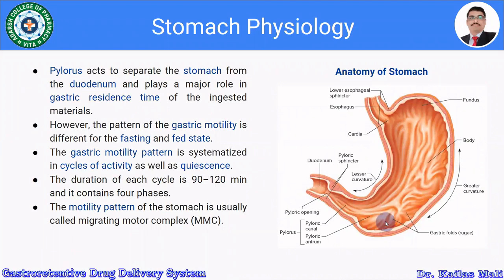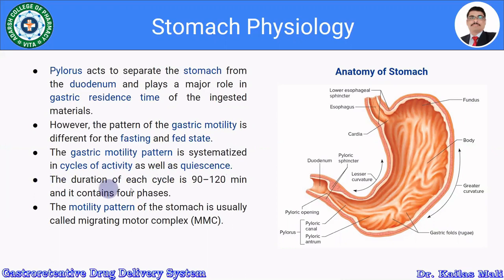However, the pattern of gastric motility is different for the fasting and the fed state. That will depend on the availability of food in the stomach. The gastric motility pattern is systematized in cycles of activity as well as sequences.